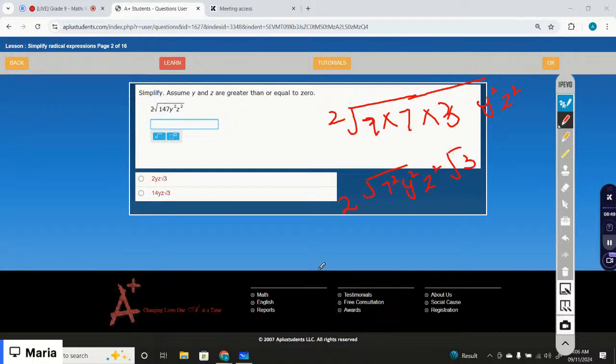You already have 2 here, right? So that would be 2. And the square and square root cancel out. You're left with 7 y, z, and square root 3. So that is 14 y, z, square root 3.